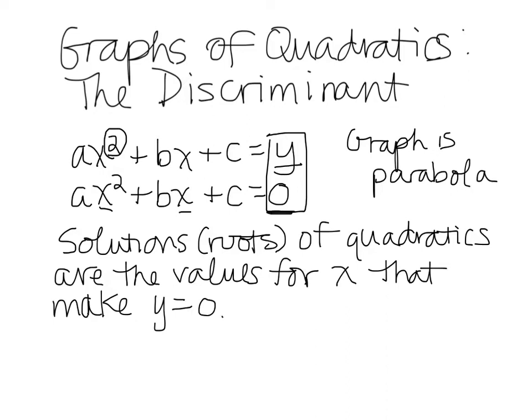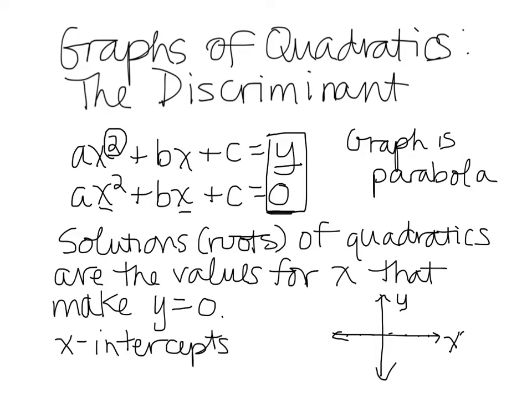And if you think about our coordinate graph, we're looking for any x whose y is 0. That is code for all of the points on the x-axis. So when we're talking about the roots, we are really talking about the x-intercepts, the places where the graphs cross the x-axis.